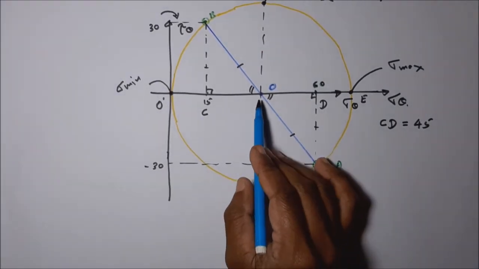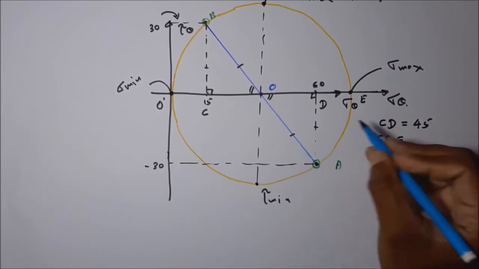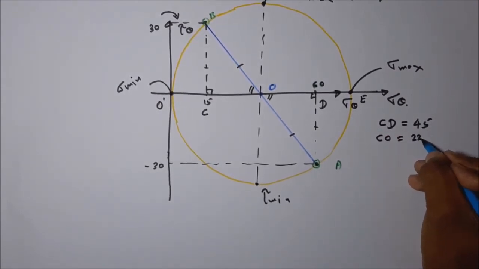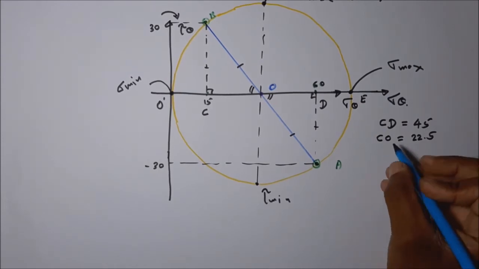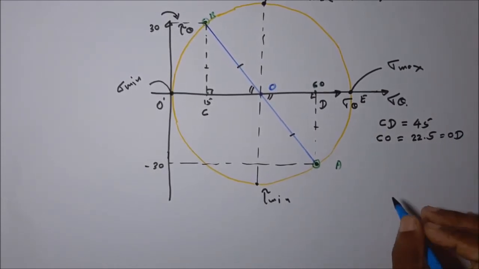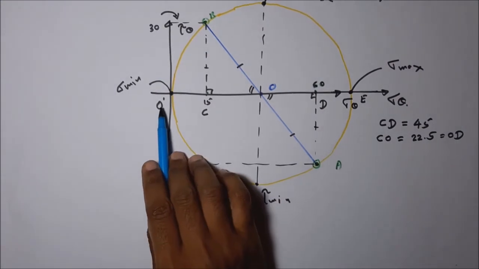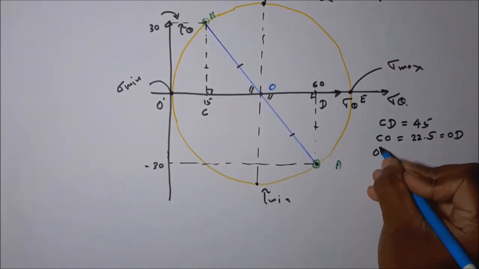Then CO is equal to half of this, 22.5. OD is also equal to this value, 22.5. Then what is O dash O?